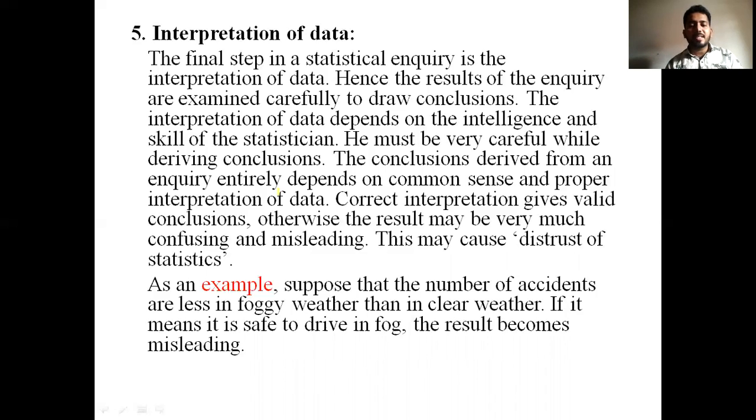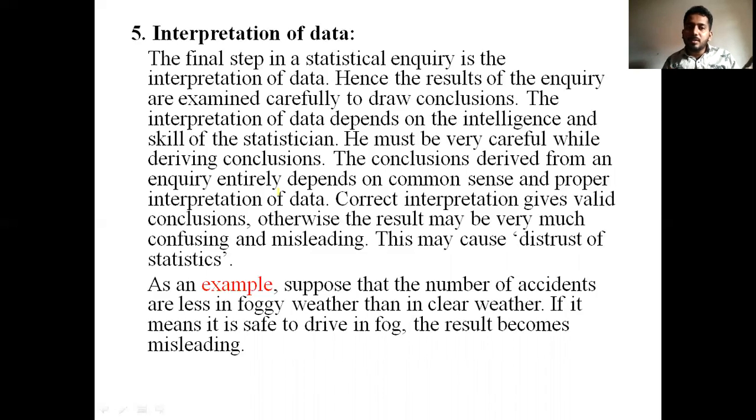Okay, let me give an example. Suppose someone states that the number of accidents is less in foggy weather than in clear weather. You just think that it is just a statement that the number of accidents is less in foggy weather as compared to clear weather.